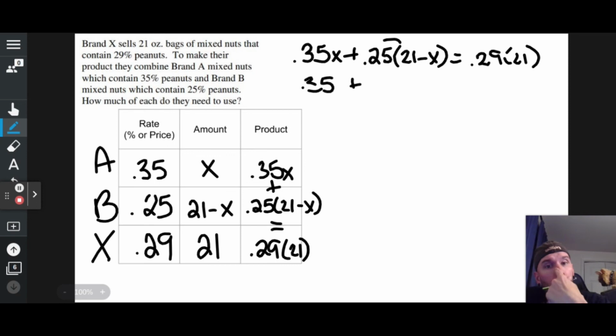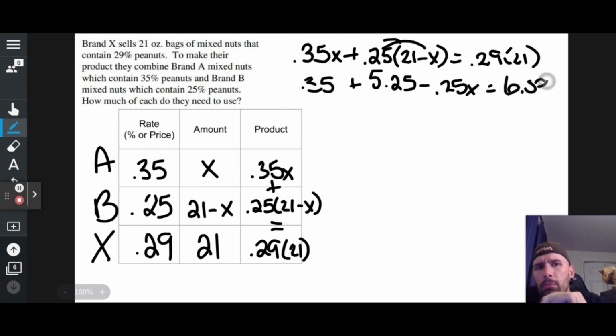It's 5.25. Minus 0.25x is going to equal, I have no clue what that is. 0.29 times 21. That would be 6.09. Forgot my x there. That would have been catastrophic.